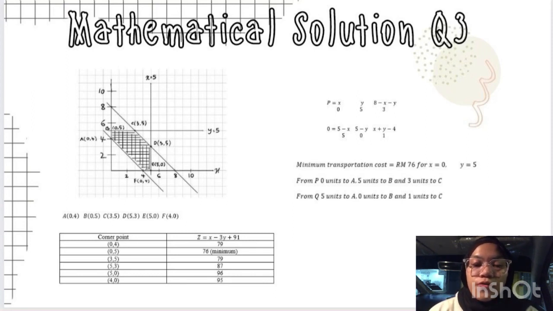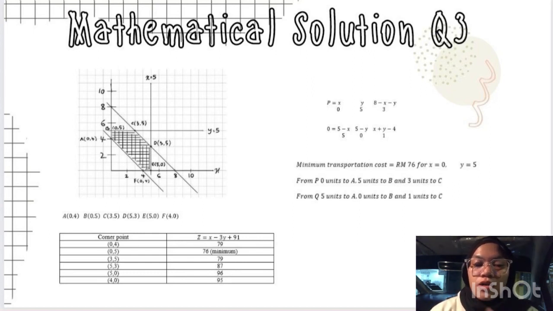For A, we insert 0 into x and 4 into y, so we get 0 minus 3 times 4 plus 91 equals 79. Same goes for the other corner points.